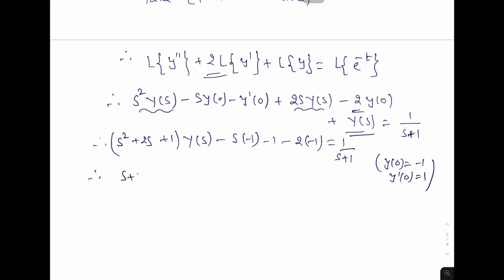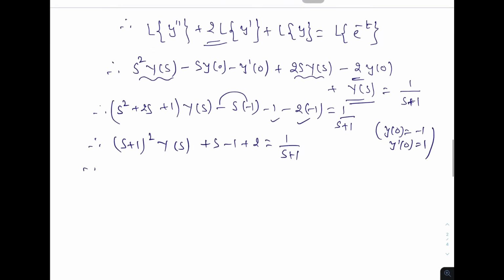This is s plus 1 square Y(s) equal to minus, this is plus s, this is minus 1 and this is plus 2. So minus 1 plus 2 equal to 1 over s plus 1. Therefore s plus 1 square of Y(s) is equal to 1 over s plus 1. Then this s on the right side is minus s, and this plus 1 on the right side is minus 1.